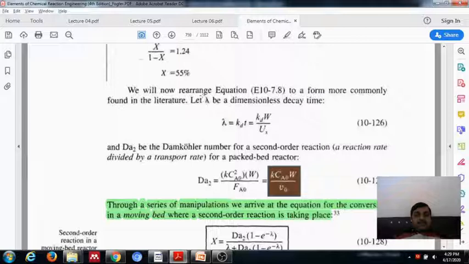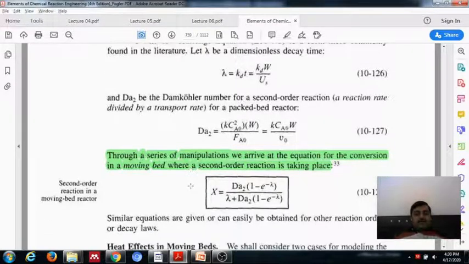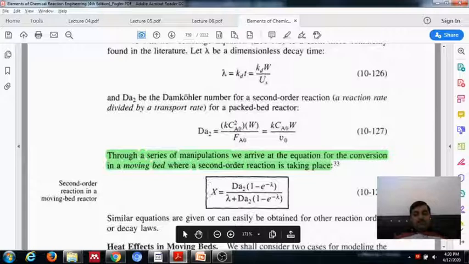There is a dimensionless decay time that is given by lambda equals kd into t. We know this is W by Us. Using this dimensionless decay time and the Damkohler number, this expression has been given for a moving bed reactor. Conversion is Da2 into (1 minus e to the power minus lambda) over (lambda plus Da2).